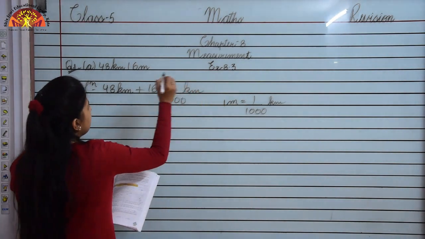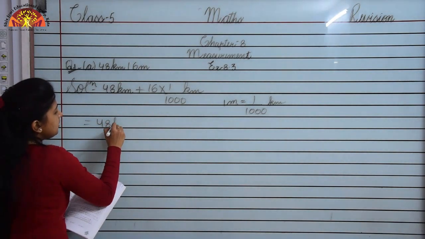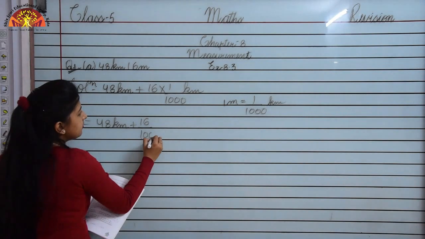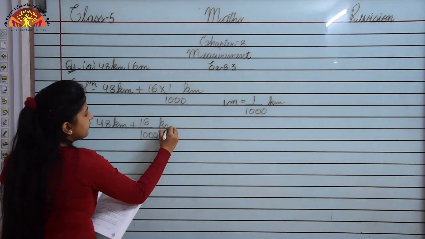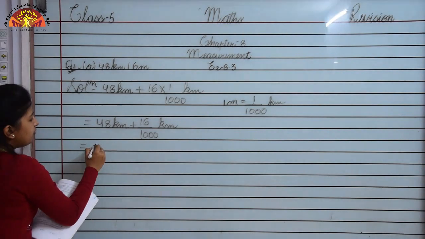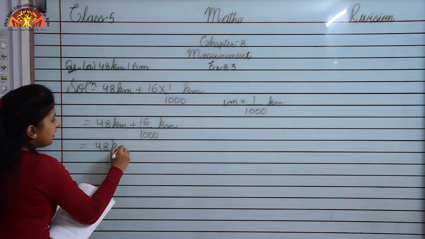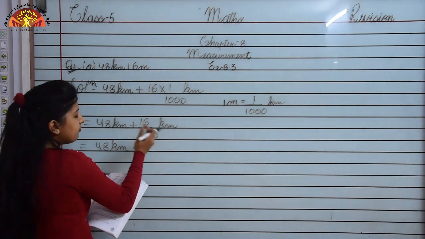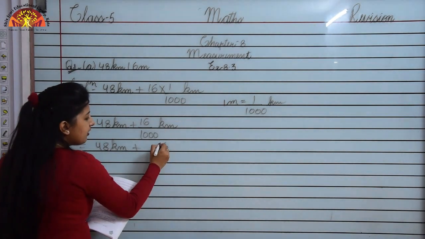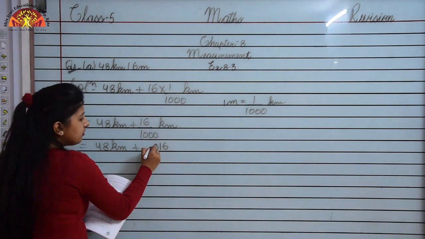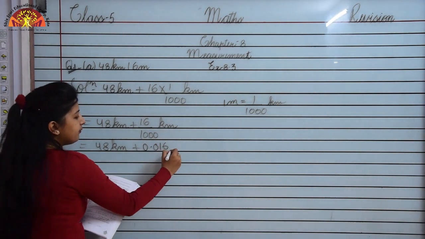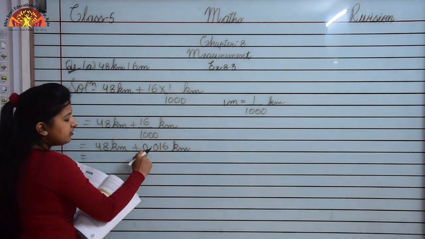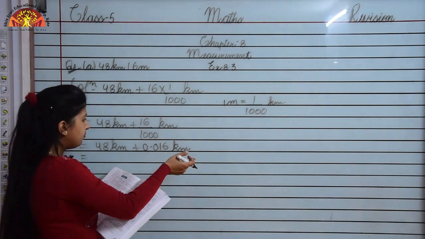Fine. Now 48 kilometer plus 16 upon 1000 kilometer. Here 3 zeros are coming, so we will put zeros before 3 digits. But we are having only 2 digits, so we will put 0 here, then decimal. Now we will add 48 kilometer and 0.016 kilometer.